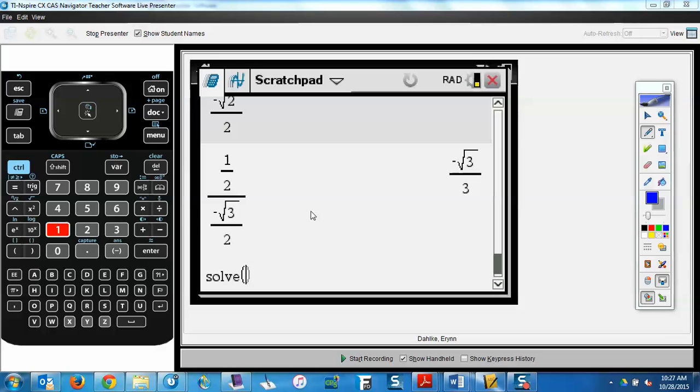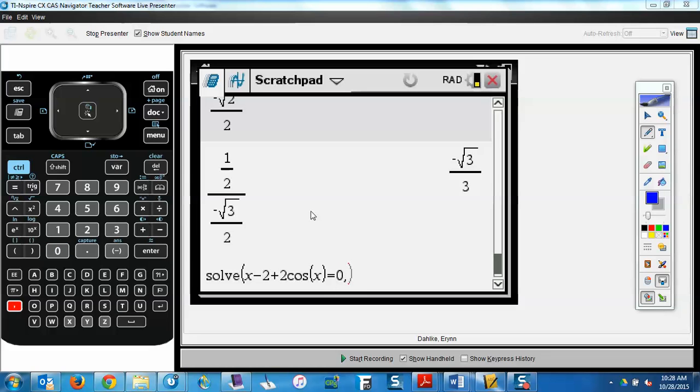So type in x minus 2 plus 2 cosine x equals, go outside that parenthesis, but inside the other one, equals 0, comma x.